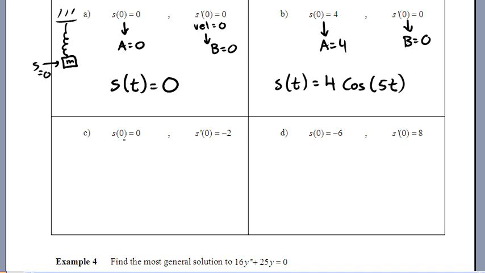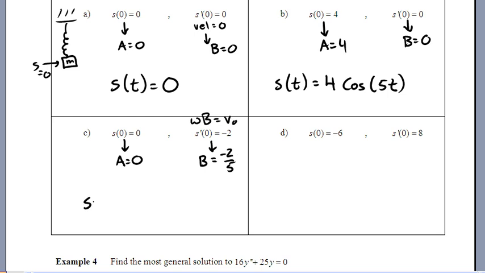Okay, for C, it starts at equilibrium, so A is equal to 0, but we're going to kick it. We're going to throw it down at -2. Well, remember that the -2, that original velocity, it actually works out like this, that omega b is equal to v naught. So it looks like the b would have to be -2/5 in order for this to work.